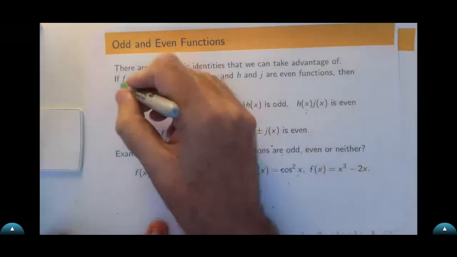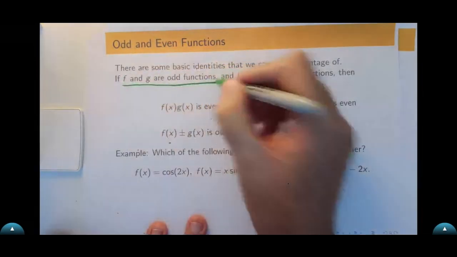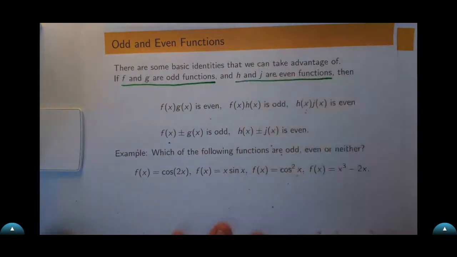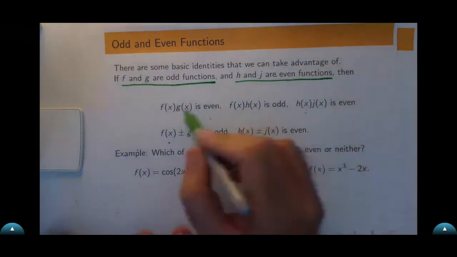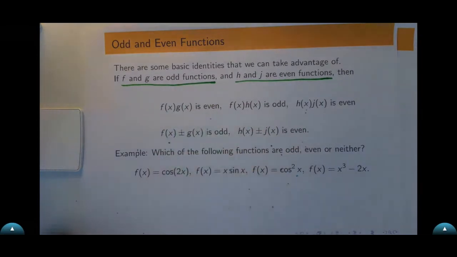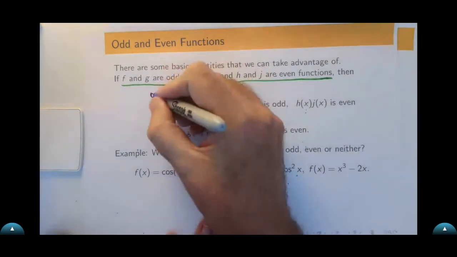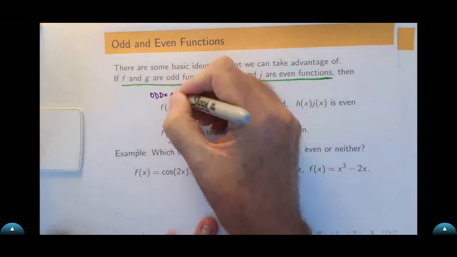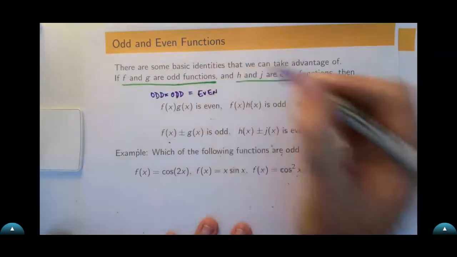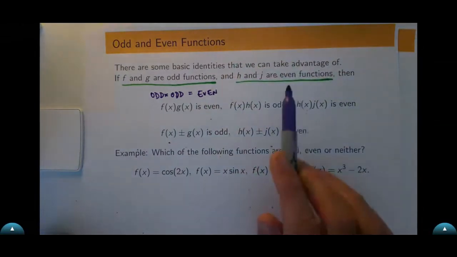So if you have a pair of odd functions and a pair of even functions, and you multiply the two odd functions together, you get an even function. So odd times odd gives you an even function, right?